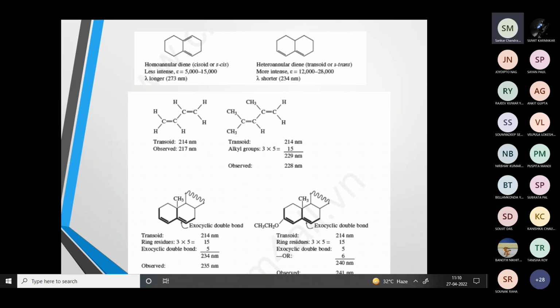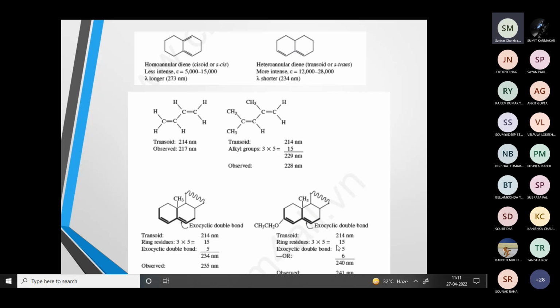The next one you see here is also the same thing, the transoid heteroannular ring system, where 214 nanometer is the basic one, and 3 ring residues are there. You see here one bold line, meaning this double bond is attached to the CH2 ring residue. This is also a ring residue. This one is also a ring residue.